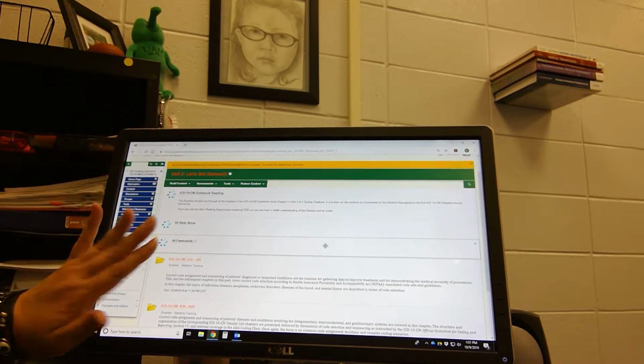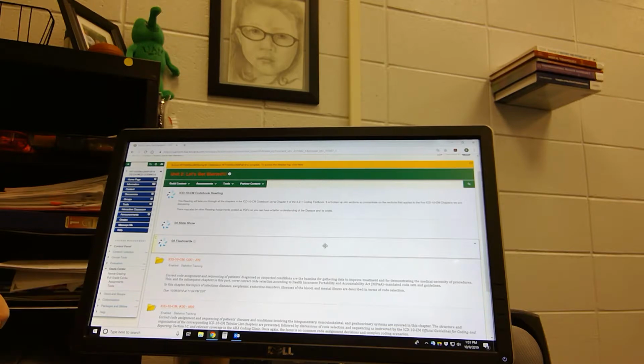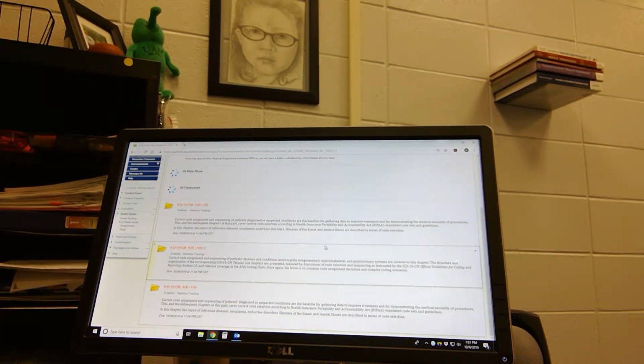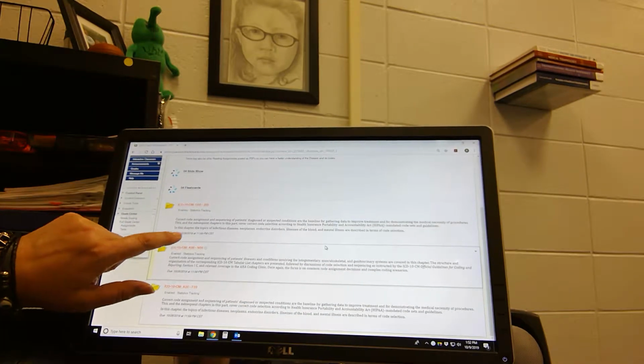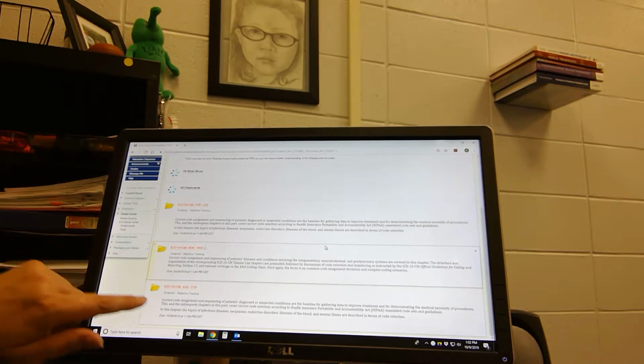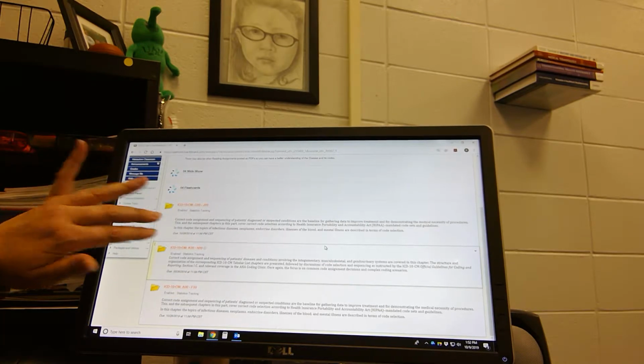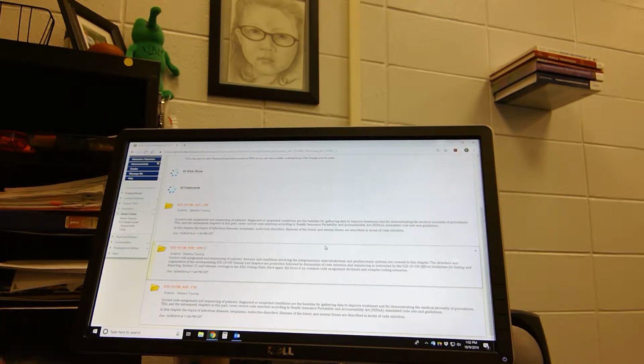So this is, like I said, Unit 2. Now, the actual coding, we have 3 different sections that we're going to be dealing with this month. Keep in mind everything gives you the due date down here at every folder.